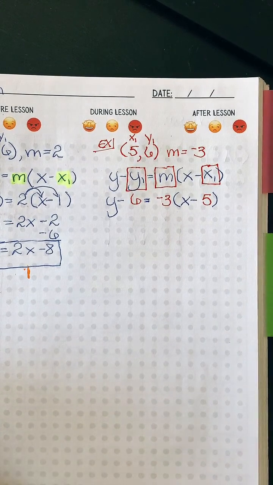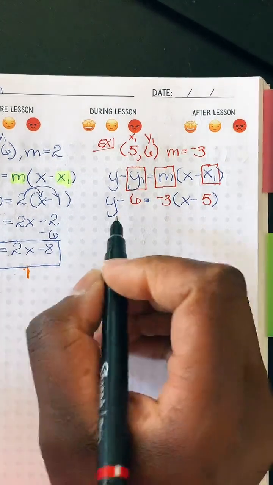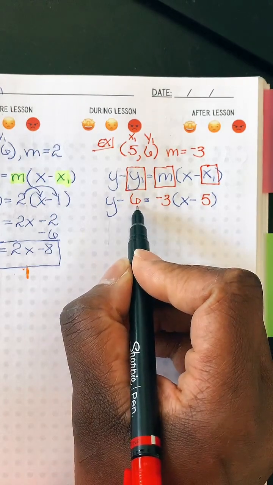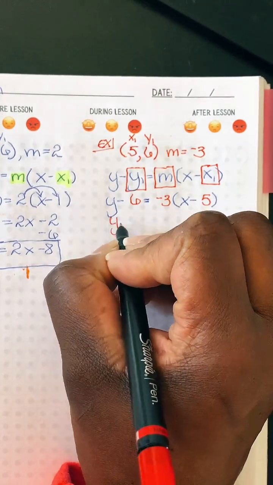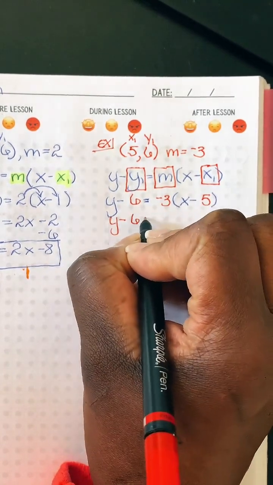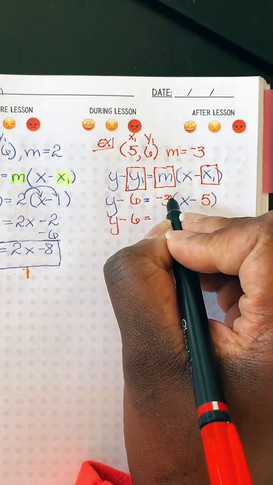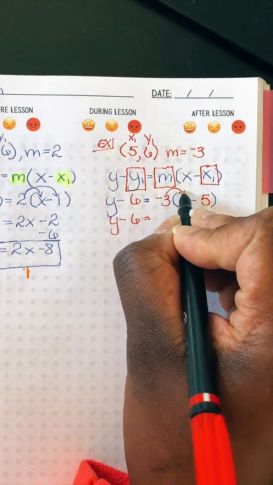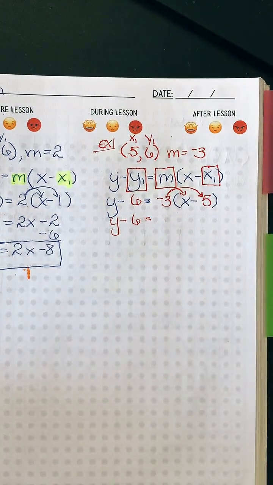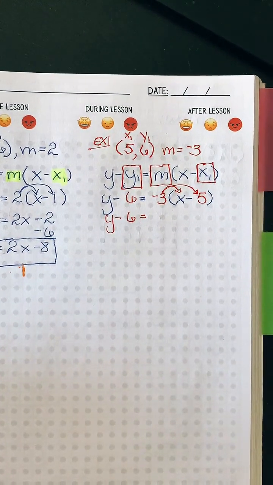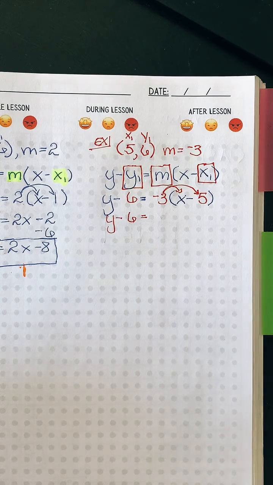All right, so now what we're going to do is we have y minus 6. Okay, so we don't have a negative, so that's perfectly fine. So y minus 6 equals, but we need to distribute this -3. What do we get after we distribute the -3?